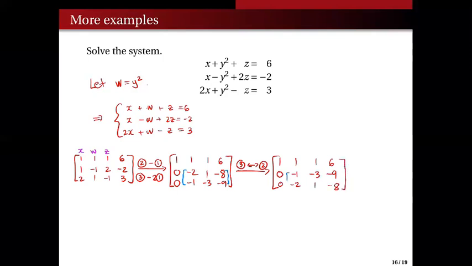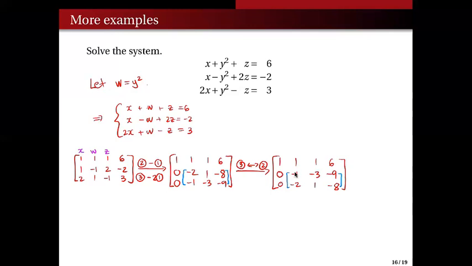So again, I'm still working on this submatrix. So this is step 1 for this submatrix. Actually, that is step 2. Step 1, I chose row 3. Step 2, I interchanged them so that row 3 becomes the top row of this submatrix.